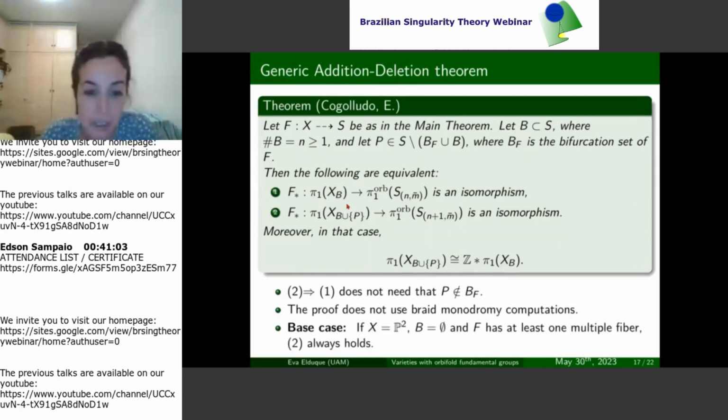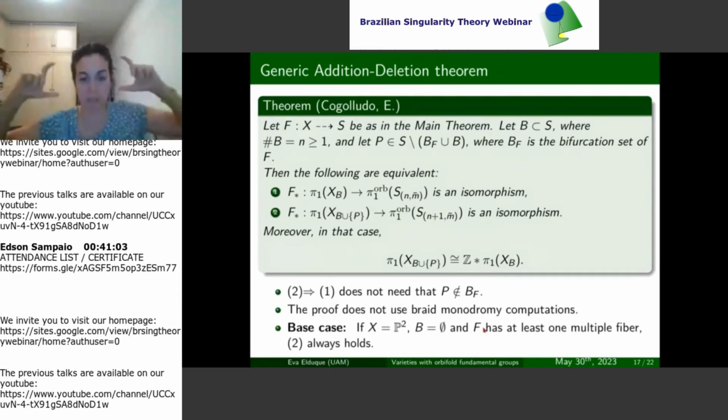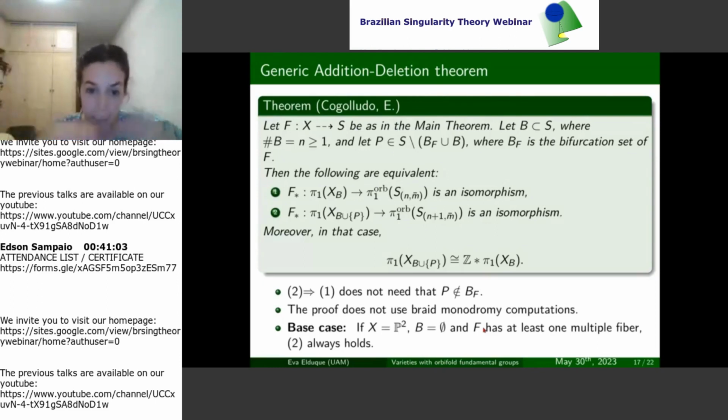So in P2, you can start with nothing, but as long as you have, F is now going to be a map from P2 to P1. If you take anything that has at least one multiple fiber, so say the pencil is given by two polynomials, you let one of them be a power, then take a generic fiber, and this is going to be an isomorphism where B is empty.